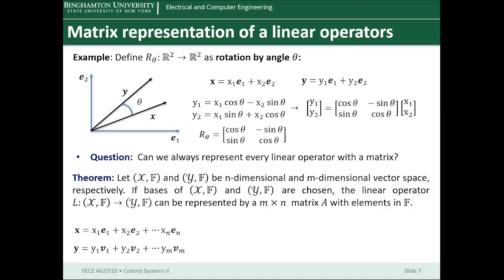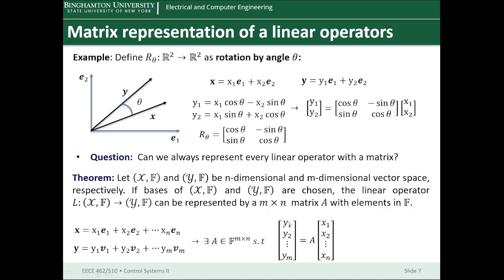Concretely, this means if we take e1 through en as a basis of X and v1 through vm as the basis of Y, and we represent a vector x in X space by its coordinates x1 through xn in this basis, and y equals L of x is represented in Y by coordinates y1 through ym, then there exists a matrix A such that the coordinate vector y1 through ym equals A times the coordinate vector x1 through xn.